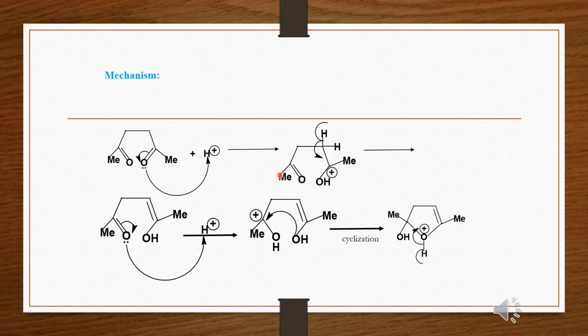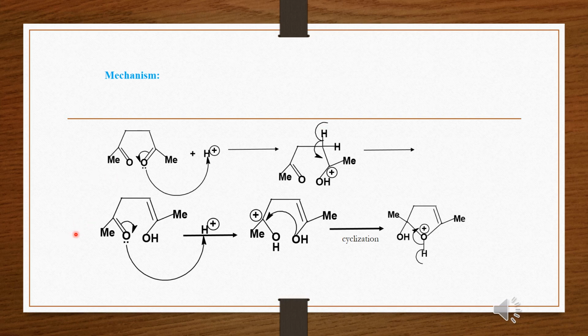Now this positive charge will get neutralized by breaking this bond, and the bond will be formed here, and this H will leave into the system. As we have already taken this H from the system, this H will be given back to the system.